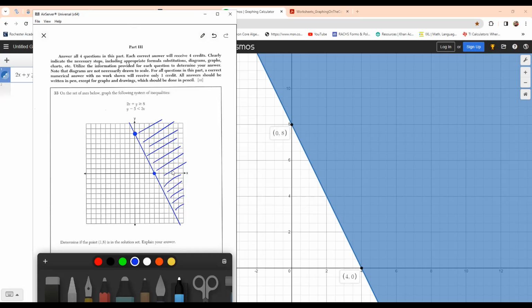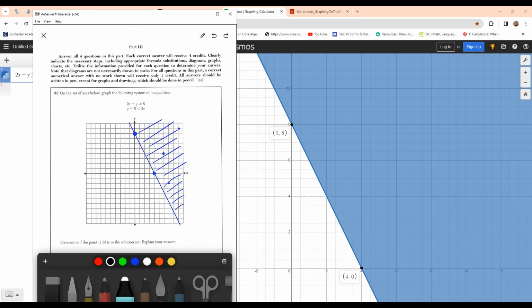Any point that I find in here will work, this point will work, this point will work. These points over here will not work. They're not in the solution. So that's why they're not getting shaded, okay? That's what you're doing.